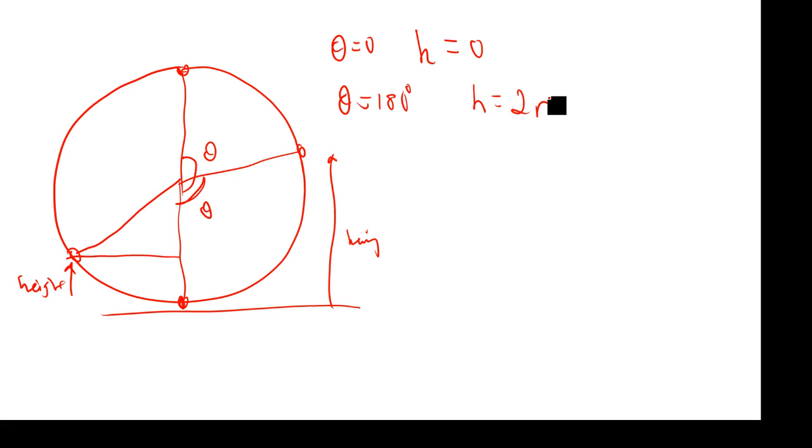So I know that my equation, I should put H-E-I-G-H-T in full. So I know that my equation for my height, the max value is 2r. The minimum value is 0.